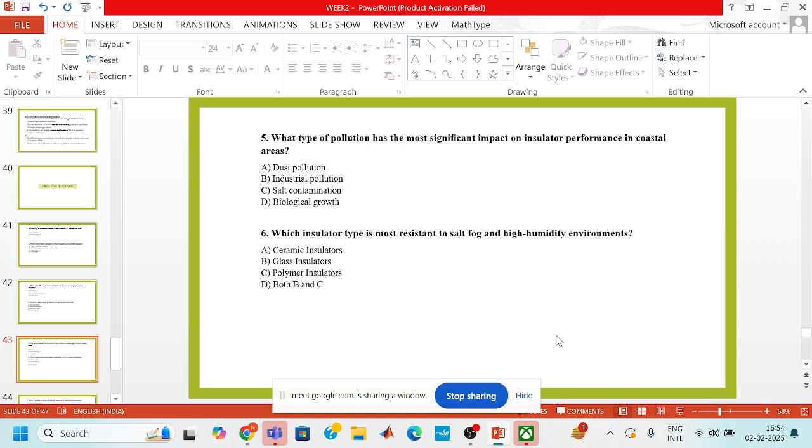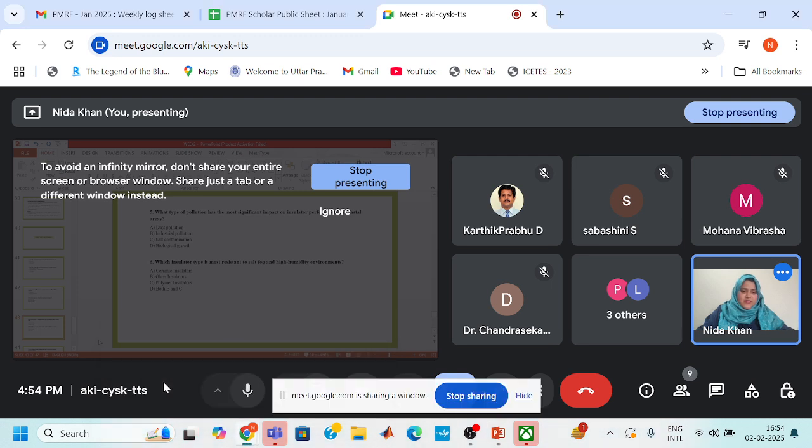Now, the fifth question is, what type of pollution has the most significant impact on insulator performance in coastal areas? Dust pollution, industrial pollution, salt contamination, and biological growth. Industrial pollution. And anyone else? Dust pollution.